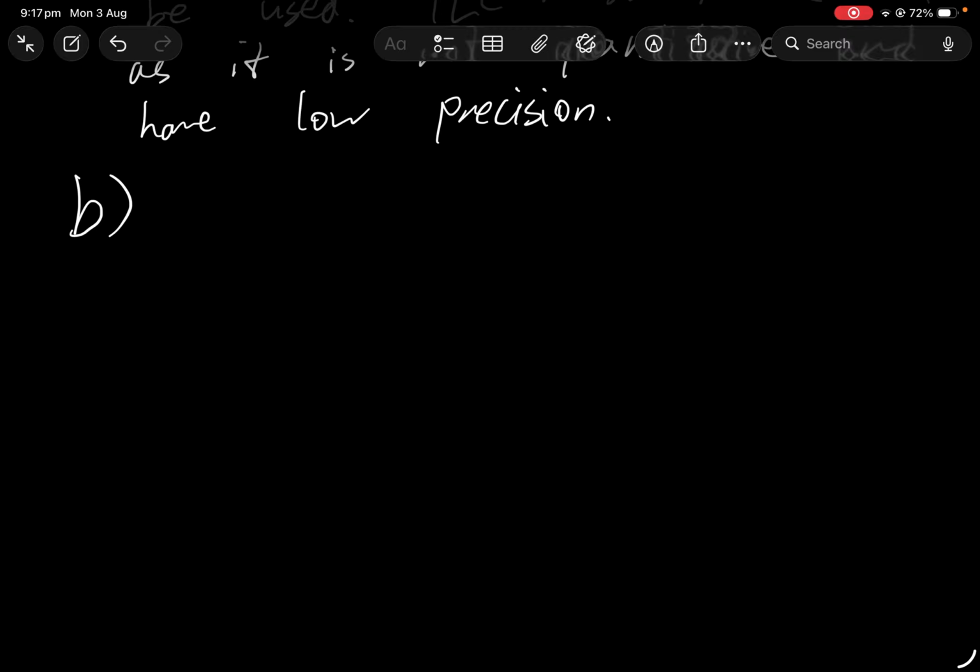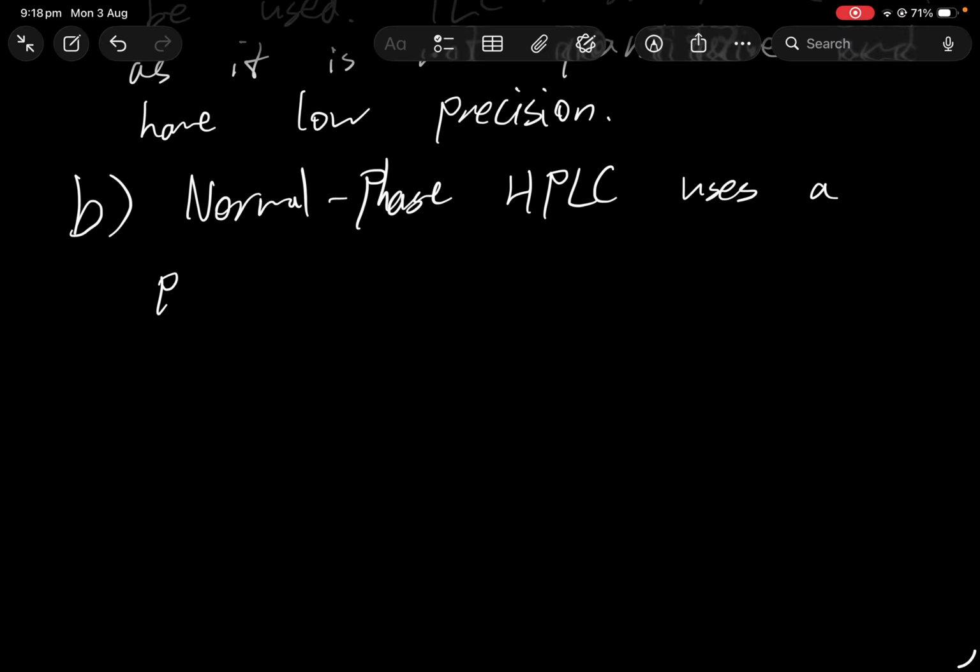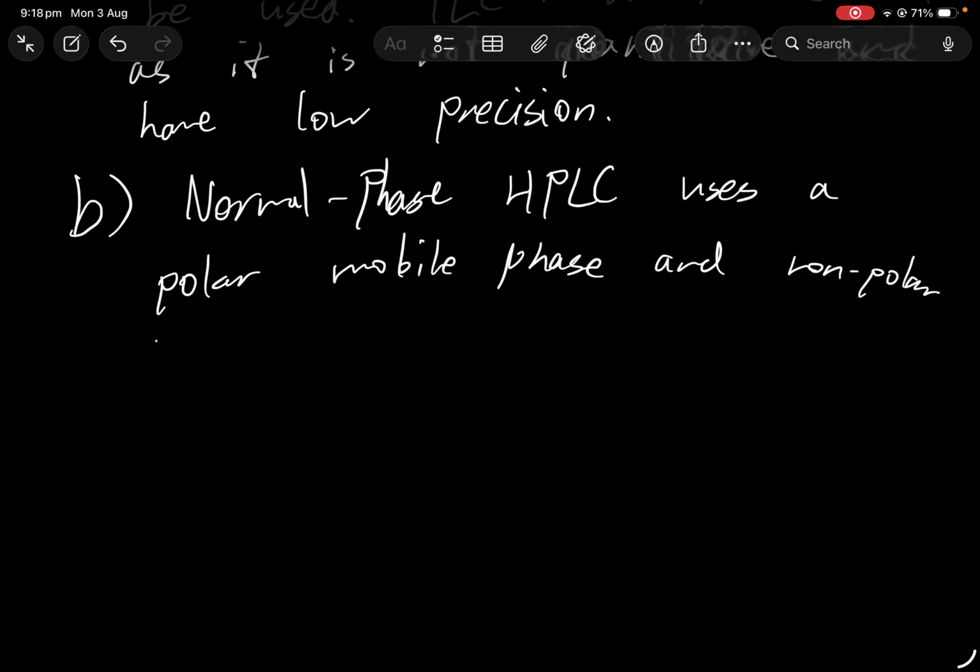Okay, so basically normal phase HPLC uses a polar stationary phase and a nonpolar mobile phase. Wait, I did it the wrong way around.